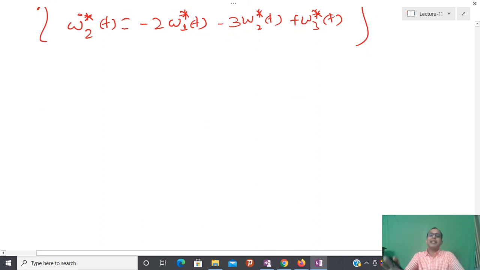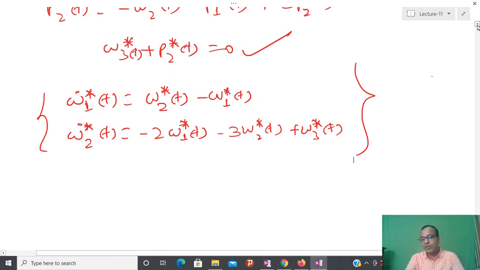Suppose now you have some kind of DC motor or something like this. First you have to develop the mathematical model, and by developing the mathematical model you are able to understand the constraint and the performance measure. I have already told you, if you remember, in the third or fourth lecture, how to define the performance measure.